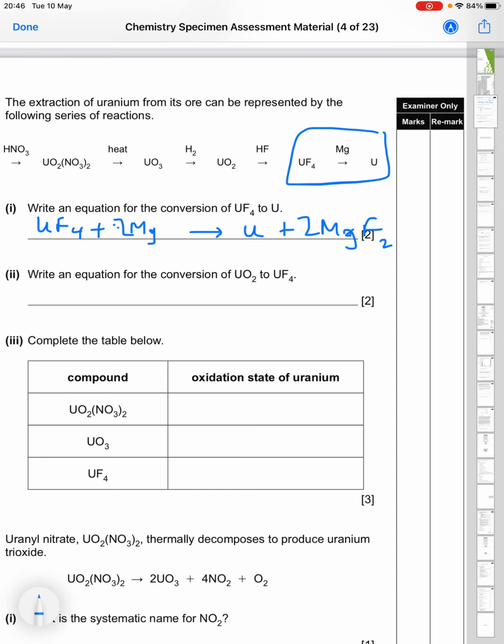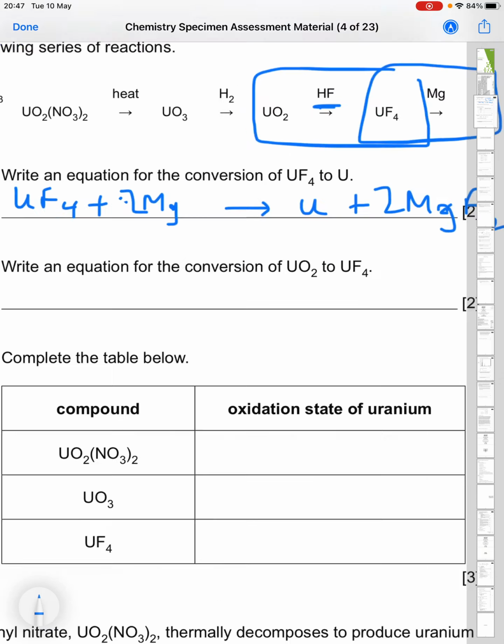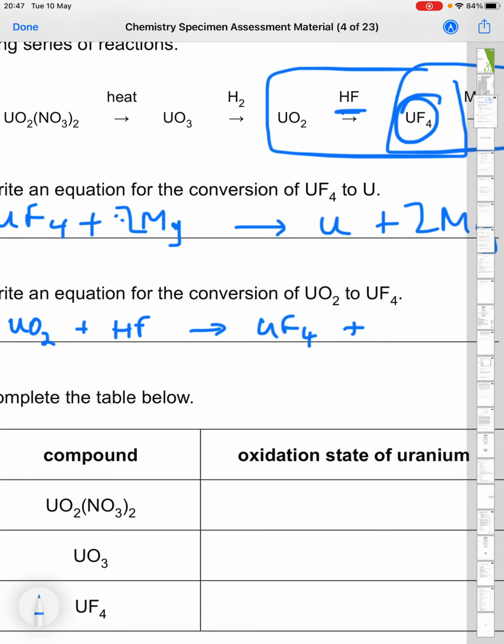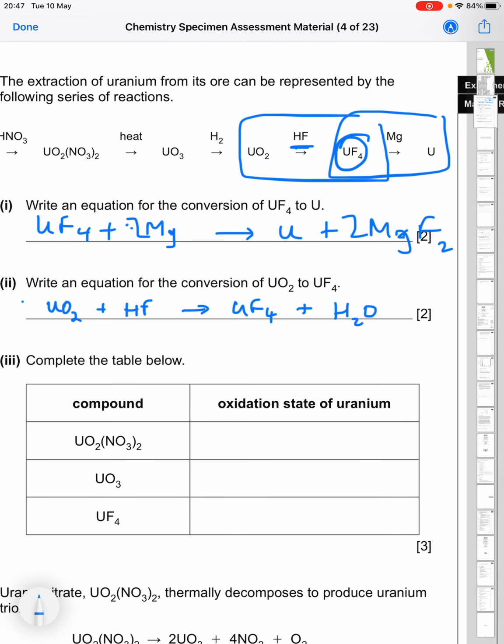Then write an equation for the conversion of UO2 to UF4. That's this one, and this time it's using the HF. So UO2 plus HF is going to give us UF4, as you can see up here, and then it's going to have to be H2O.